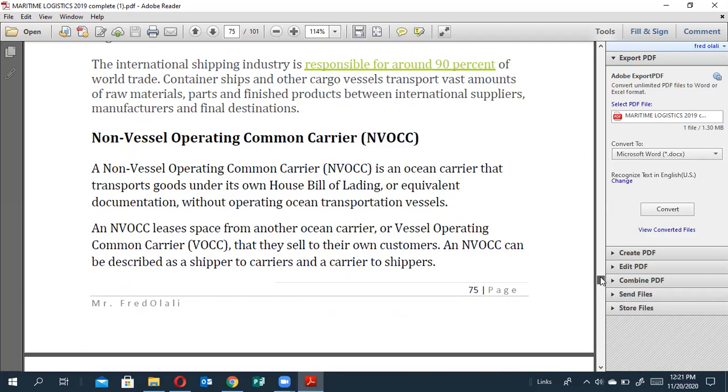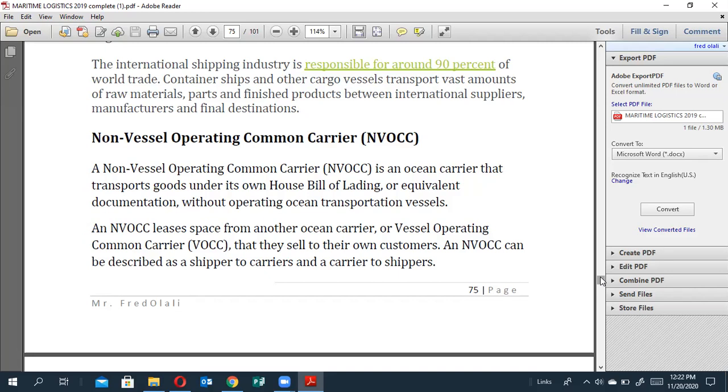These people do not own vessels, but they normally book space with the major shipping lines. After booking space, they consolidate cargoes. After the consolidation, they issue the shippers with what is called the house bill of lading, while they are given the master BL by the shipping lines to cover those LCL cargoes, that is, less than container load cargoes.